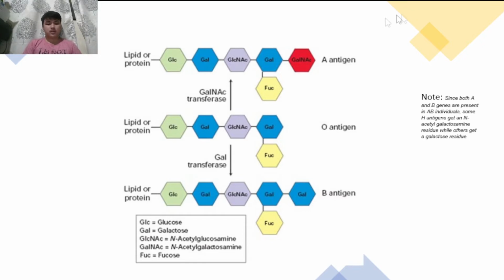But take note, since both A and B genes are present in an AB individual, some antigens get an N-acetylgalactosamine residue while others get a galactose residue.